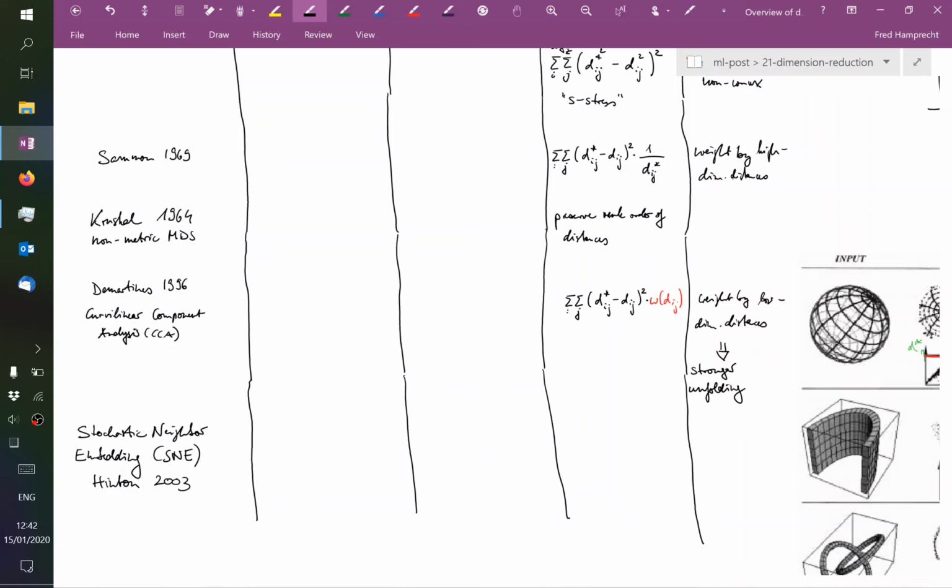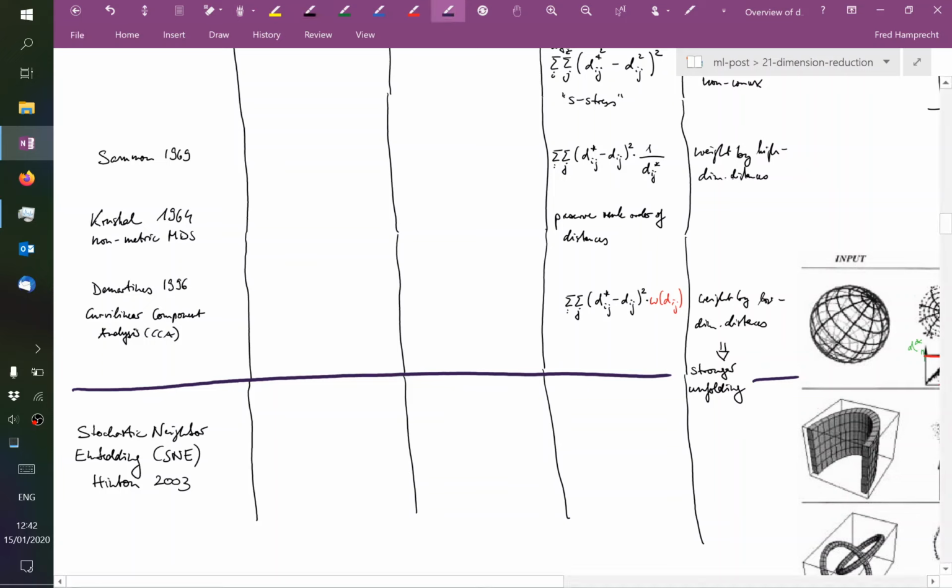Now, what Hinton did here was to compare not dissimilarities, but similarities. So I should put a horizontal line here, because from now on we compare similarities.